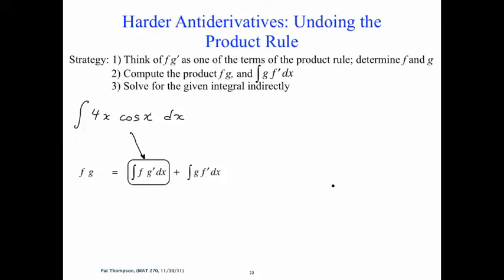And if it is, then we're home free, right? We're just going to do f times g minus the easier integral. So we got two things here. We got 4x, and we got cosine x. And one of those is f, and one of those is g prime. So the question is, which is which?